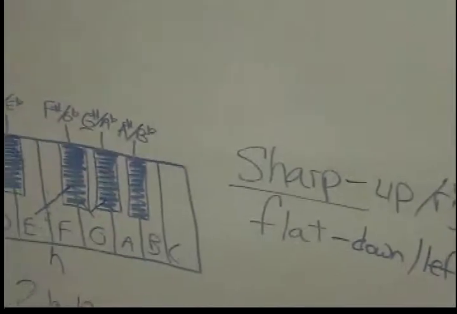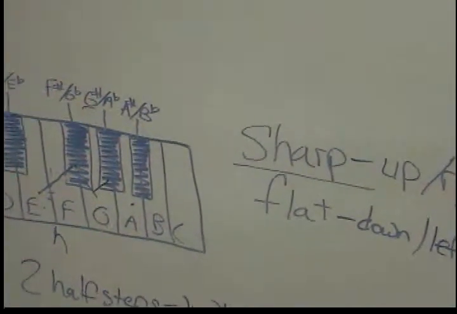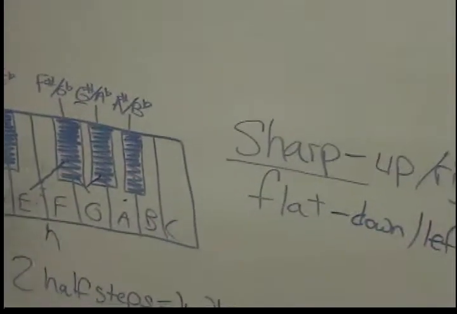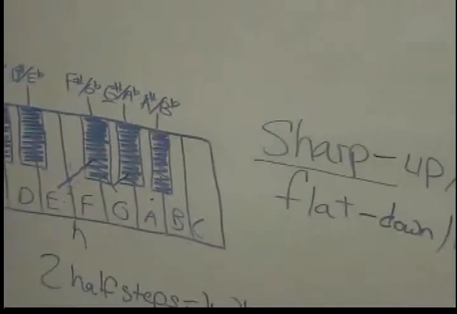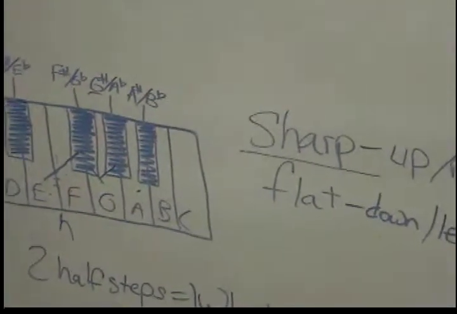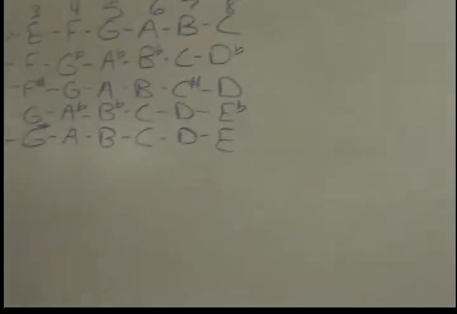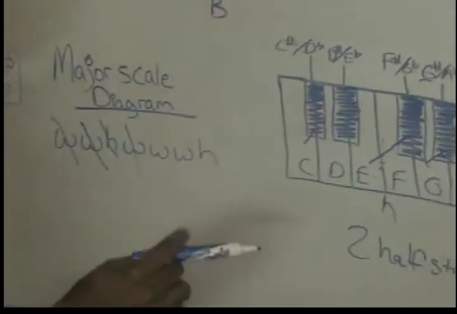What is a whole step from A? B. Just B. All right. Or it's called B natural. Okay. If it's just B, instead of calling it regular B, it's B natural. Okay. So from B, we need another what, Raz? Whole step. Okay. We need another whole step.